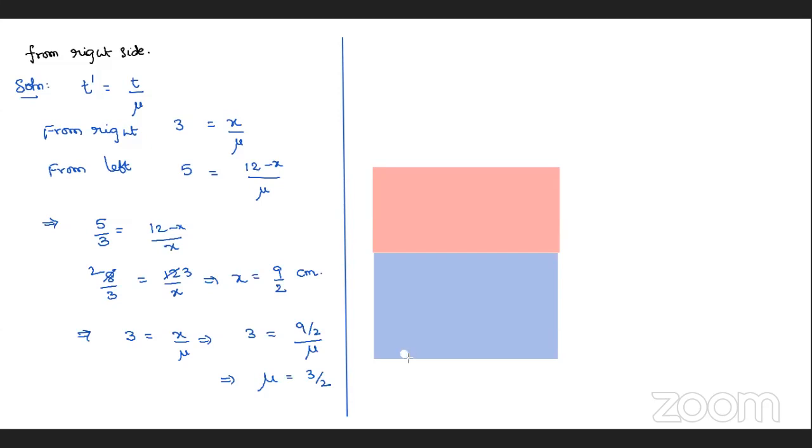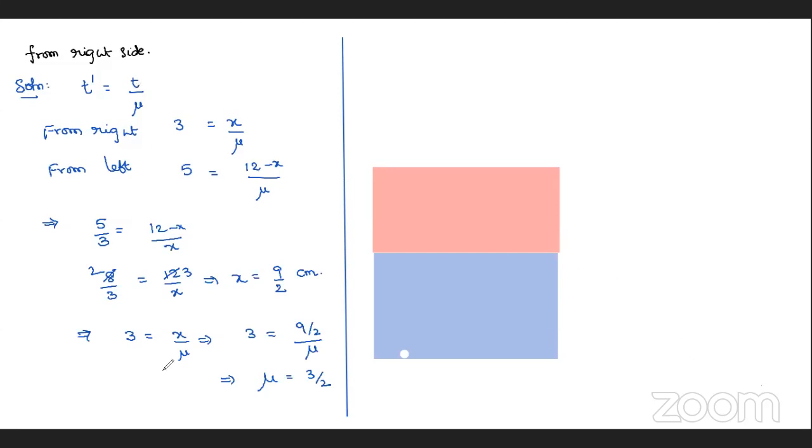Sir, in the previous question, t dash is equal to t by mu. T means height, we didn't take the thickness of the glass slab. That's what you have to understand.